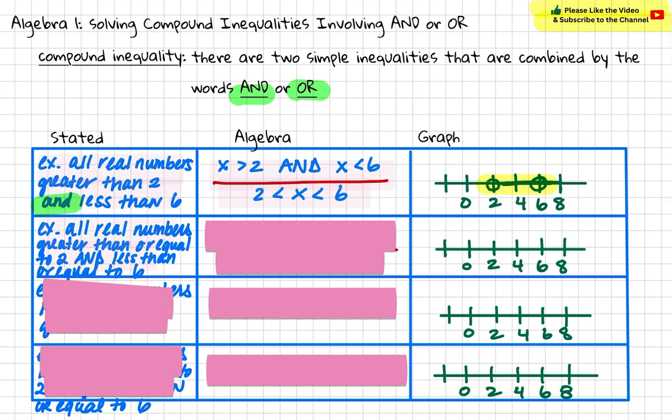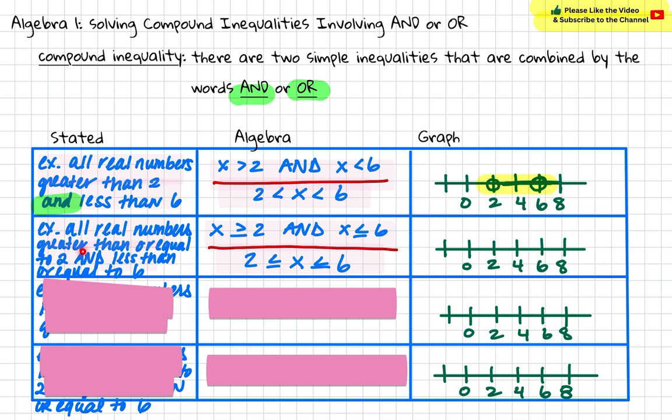Very similar to the first one, but instead of just greater than, it's greater than or equal to, and we're talking about less than or equal to. So the signs over here are going to be greater than or equal to and less than or equal to, according specifically to what this is saying.